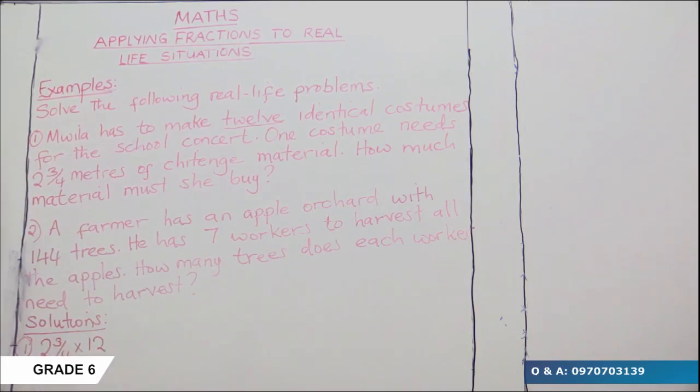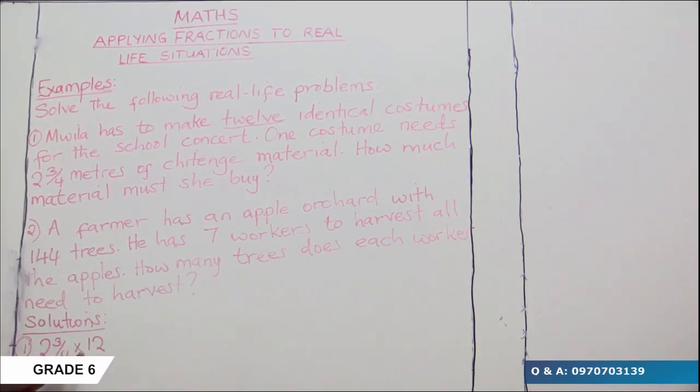All right, so for us to multiply this fraction, we need to change the mixed number into an improper fraction. 4 times 2, the answer is 8.